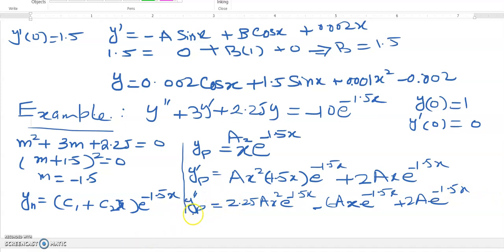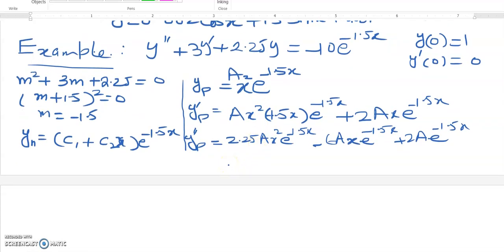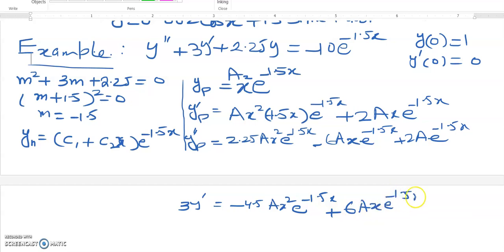Now we have y p double prime and y p prime, and the equation is y double prime plus 3y prime plus 2.25y. So we add 3y prime to that, multiplying this equation by 3, so it will be minus 4.5 a x square e power minus 1.5x plus 6a x e power minus 1.5x. And then we add plus 2.25y, that means this one, so it will be plus 2.25 a x square e power minus 1.5x.